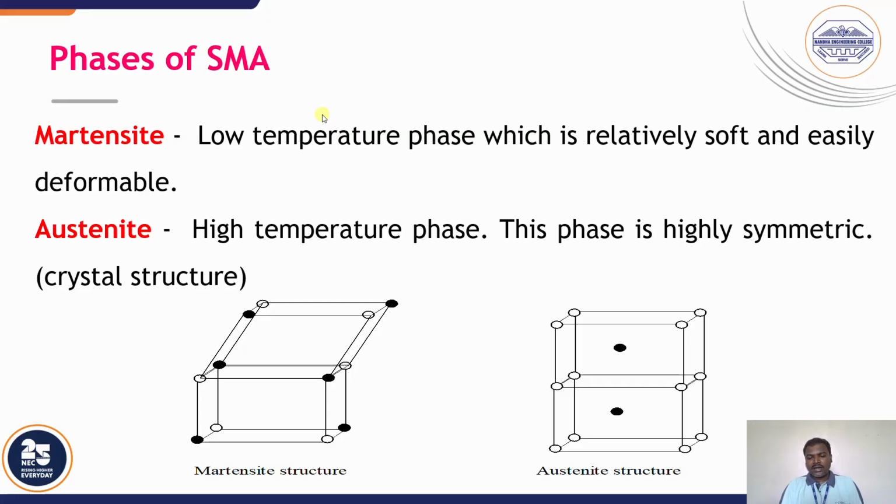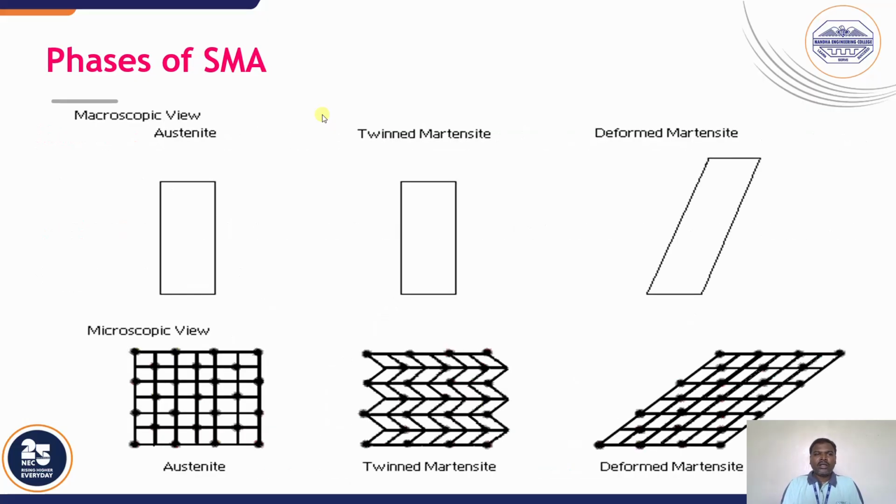In the simple image, the first one shows the martensite structure and the other is the austenite structure. The image shows martensite structure having an irregular pattern and austenite structure having a regular pattern, with each and every atom arranged in a proper manner. So this is the phase cycle of SMA.